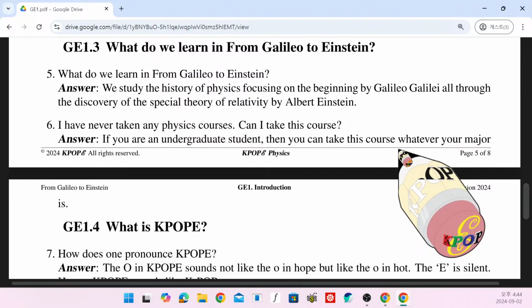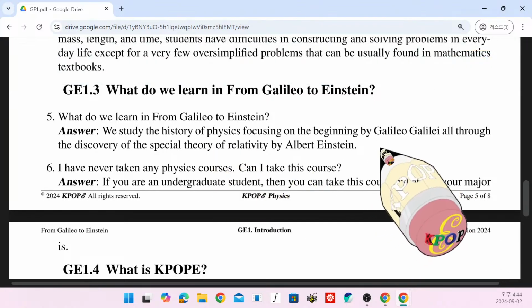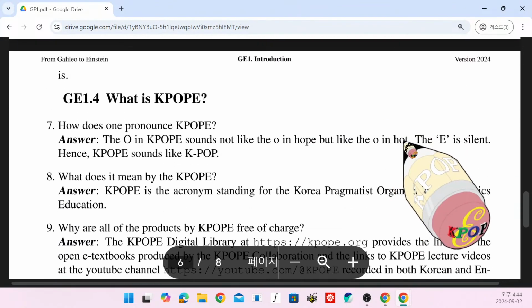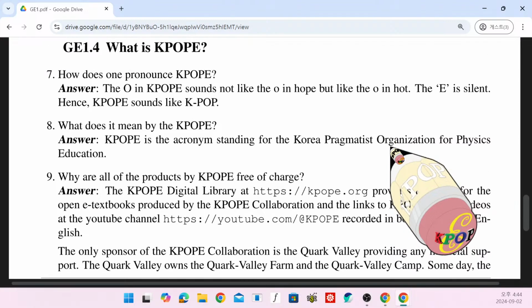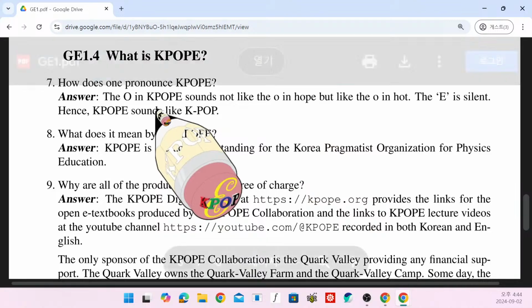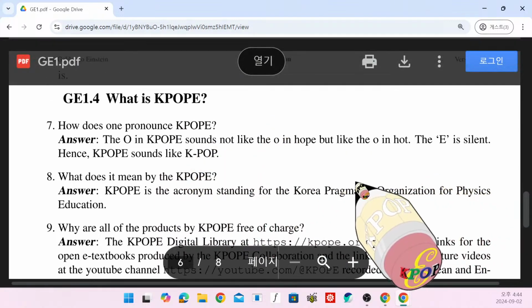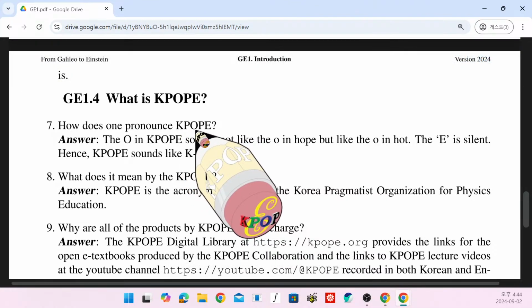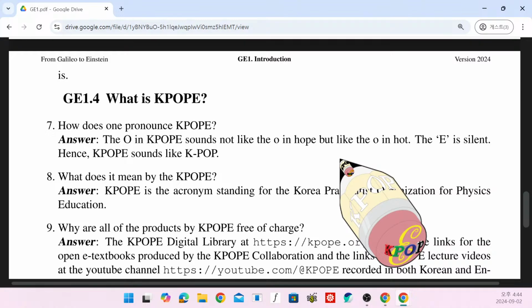And a short explanation about what we learn in this course, and a short introduction to K-pop collaboration. And this is not K-pop, you can read it. Please read K-P-O-P-E as K-pop.